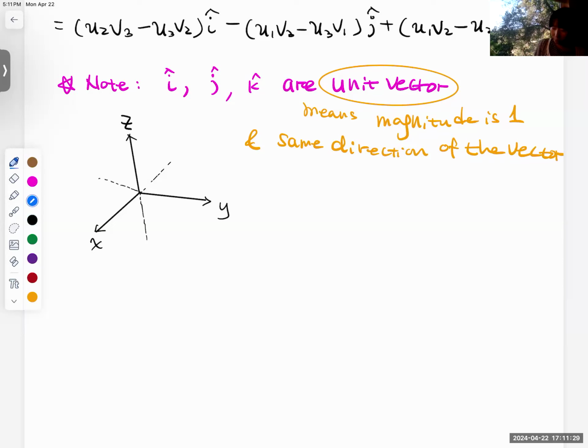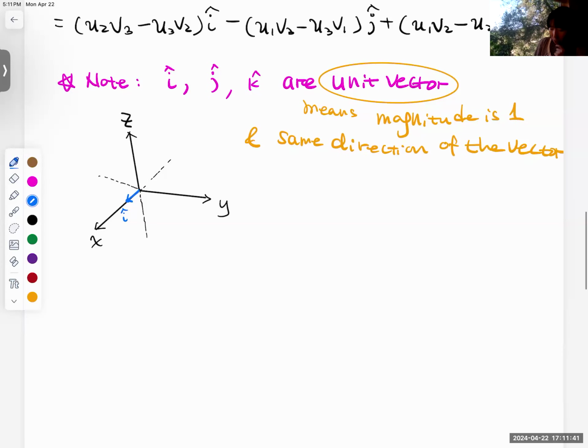So 1, 0, 0, let's make this vector i, right? And j is 0, 1, 0. So this is j. And this is 0, 0, 1, k. Yeah, so we denote it like that. All right.